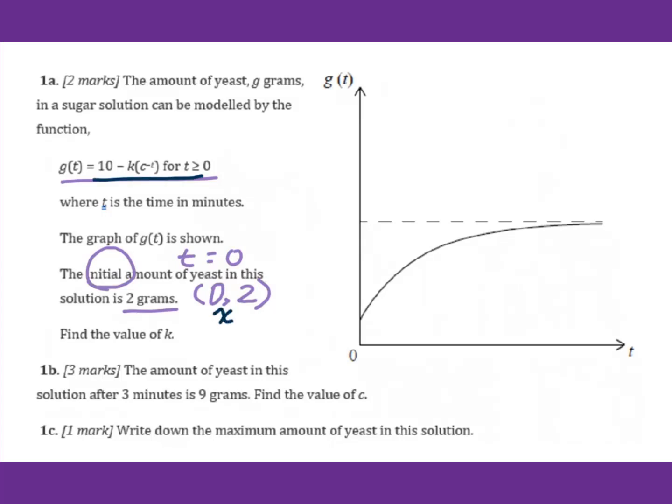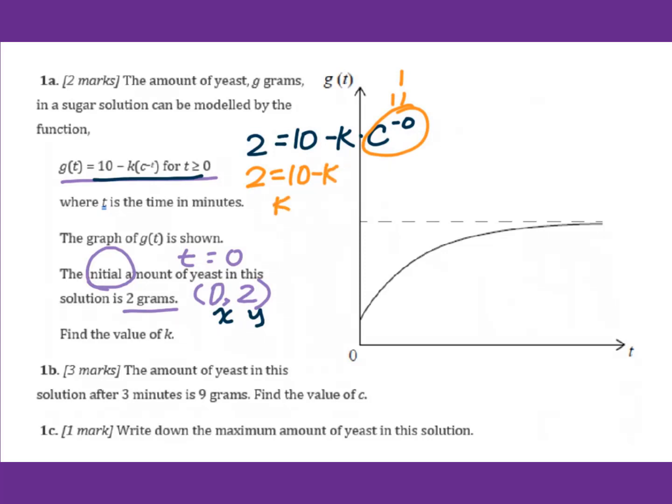This is your x, here's y. So you get 2 equals 10 minus k times c to the negative 0 power. This equals 1. So you get 2 equals 10 minus k. k equals 8.